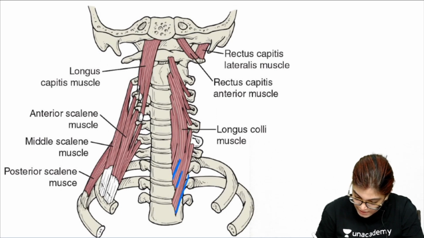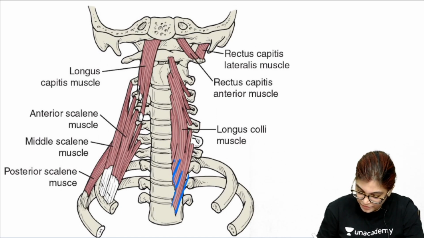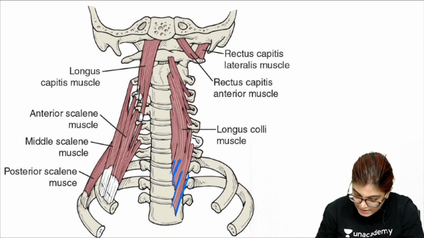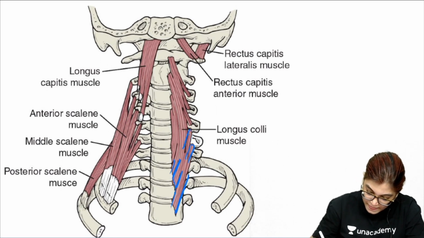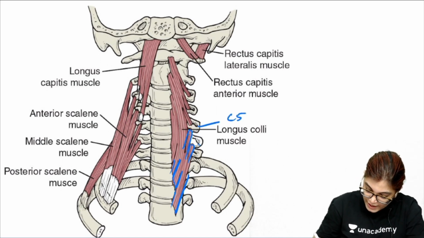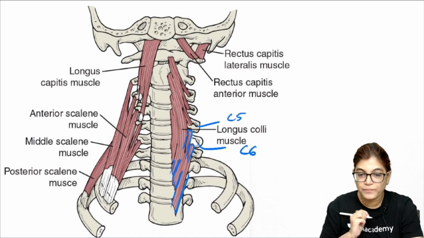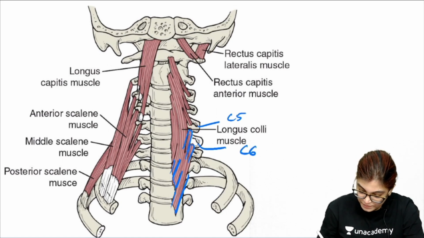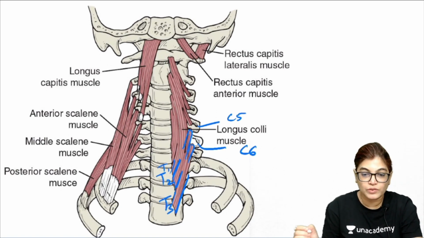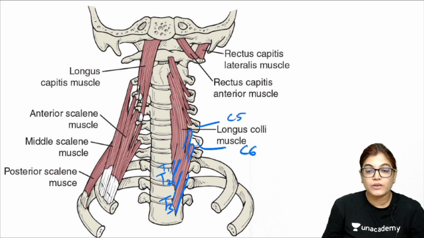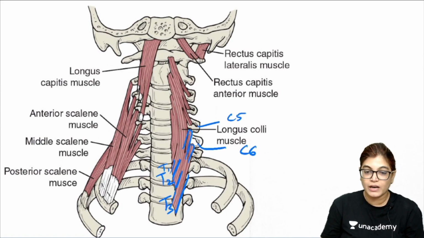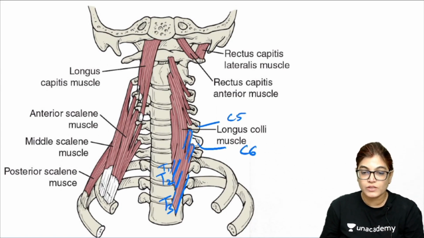This is the arising part, upper 2 or 3, and from here it is inserting onto C5 and C6 cervical vertebra. So arising from T1, T2, T3 and getting ascending, this is the smallest part, inserted on C5 and C6. So this is the third part of the longus coli muscle.